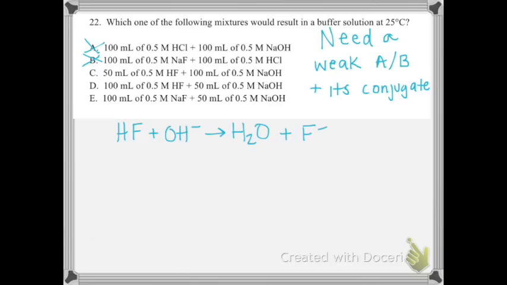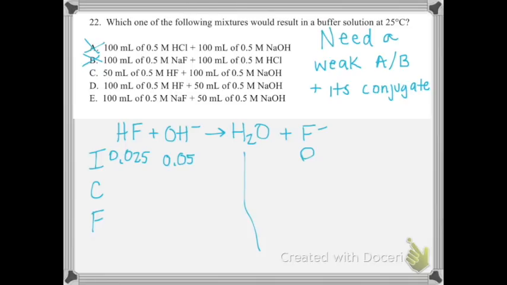So whenever we have a reaction, we work in moles and we use an ICF table. Okay, so initially for HF, we'd have 0.025 moles of HF and 0.05 moles of the base. Ignore the water. 0 of the fluoride. Then we look to see which is our limiting reagent.